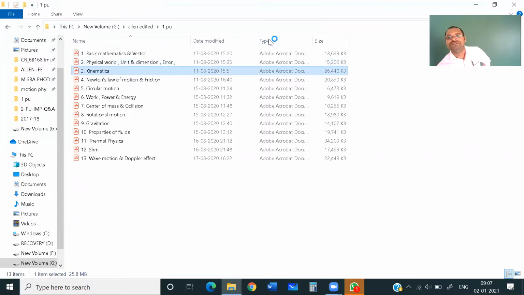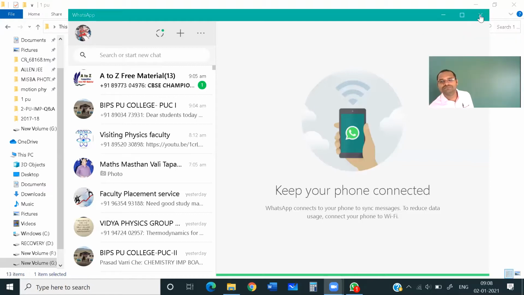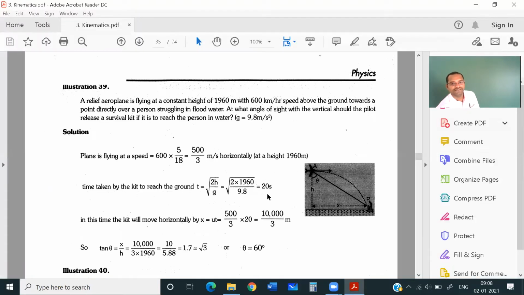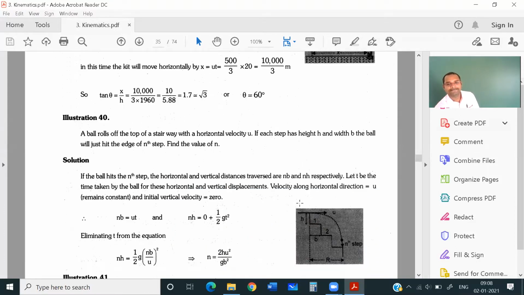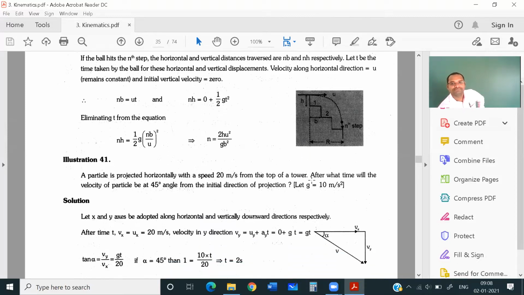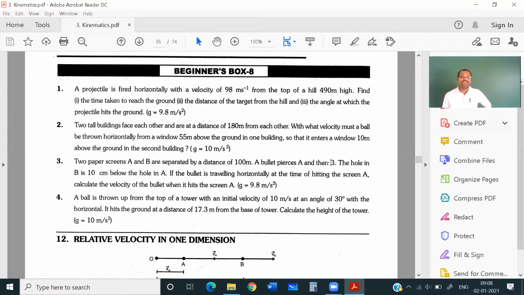Kinematics, yes, it is opening. You need to read the question, then only you will understand it. Without the question, you can't do anything. Yes, see. Can you see this question now?